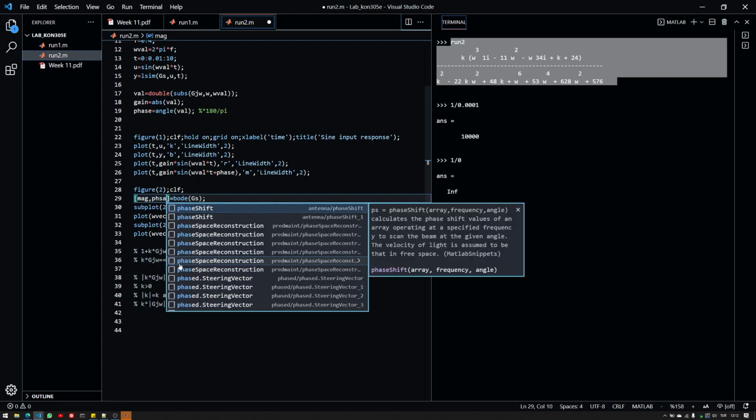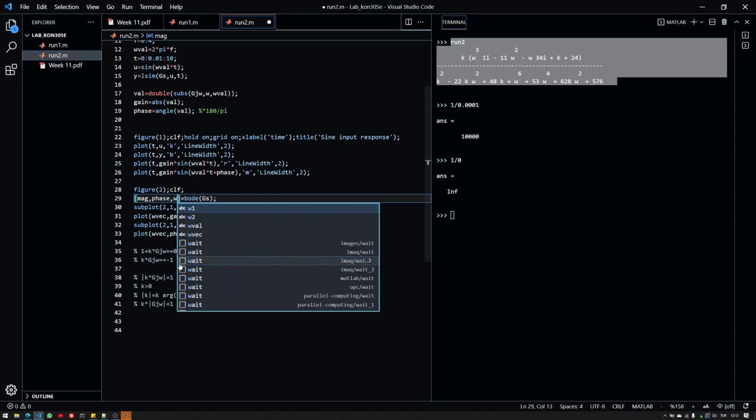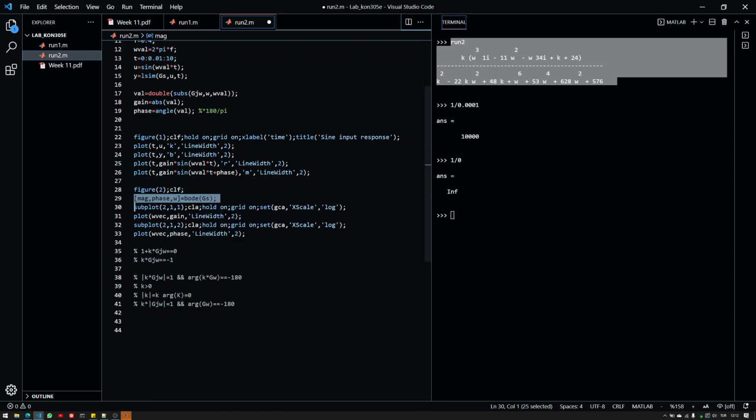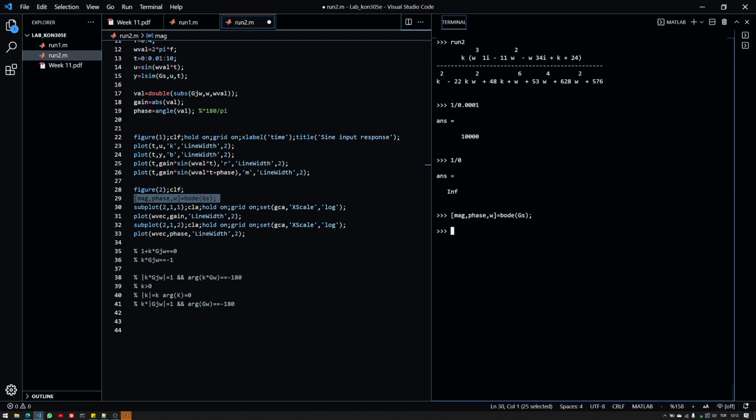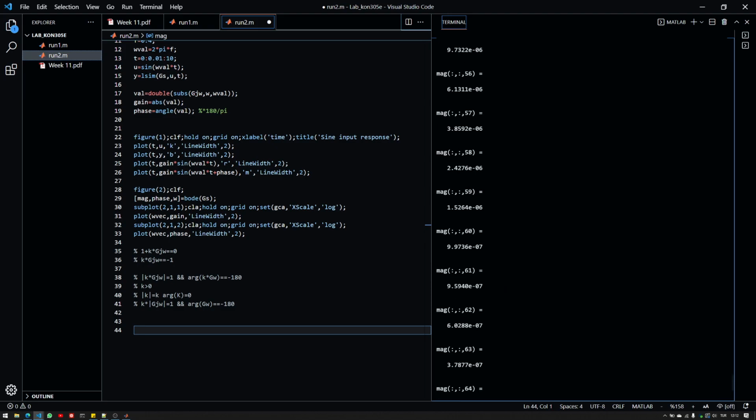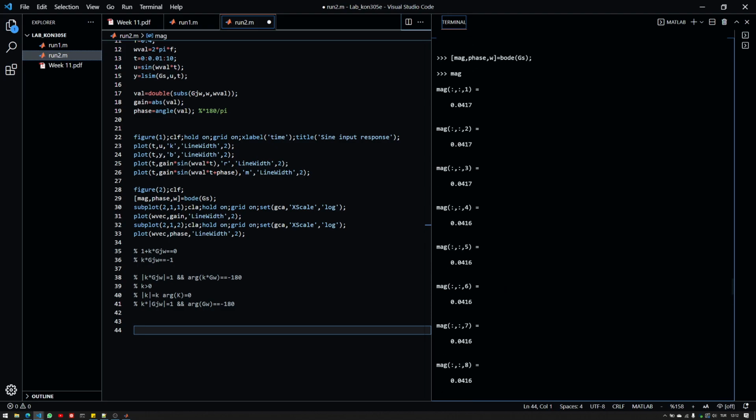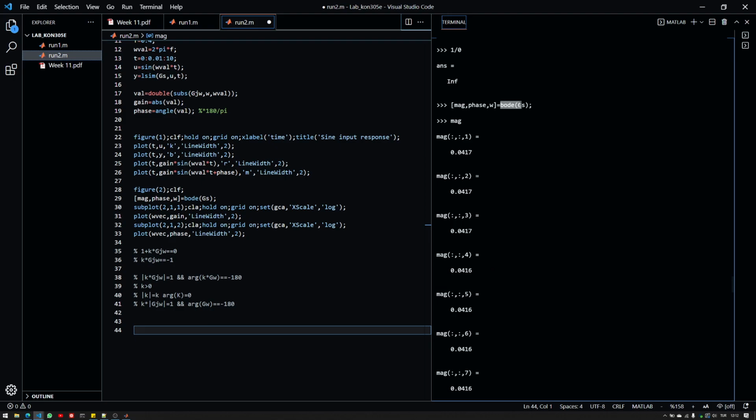You will have the magnitude, the phase, and then also omega. So the bode function here can plot you the Bode plot, or it can also give you the magnitude and phase data. But since the bode function itself can determine the Bode plot of multiple input, multiple output systems, there is an extra dimension that determines which channel input to which channel output we are looking at.